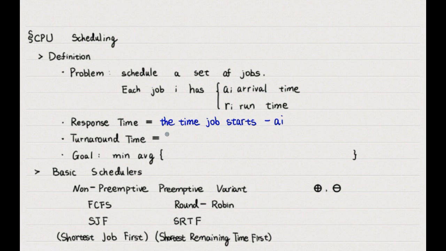Turnaround time is the time between the job's arrival and when the job finishes running, that is, the time that the job completes minus Ai. Our goal is to minimize average response time or average turnaround time.